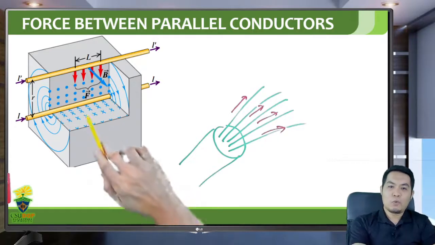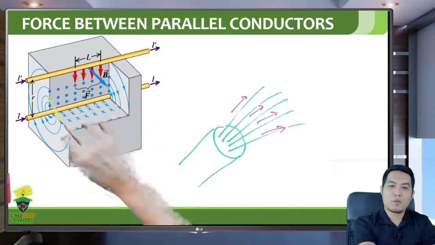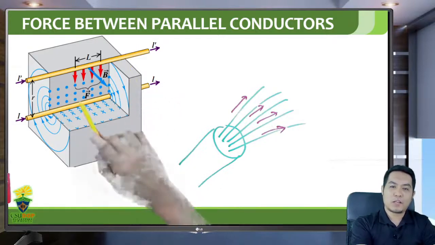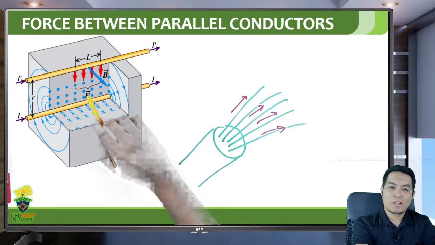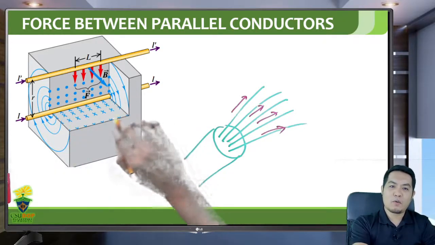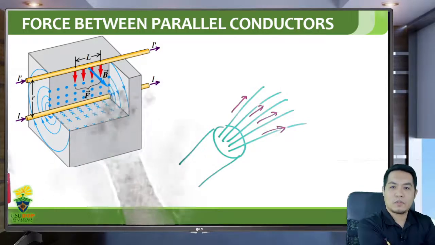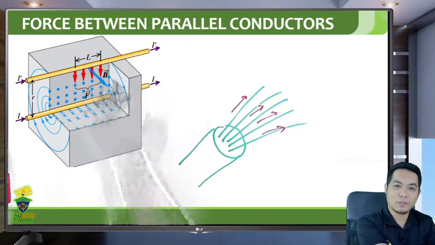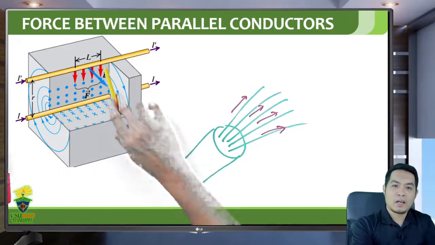We'll just analyze two strands of wire. This is wire number 1, wire number 2, assuming they carry different currents. The magnetic field due to this lower wire will be in this direction, by virtue of the right-hand rule.